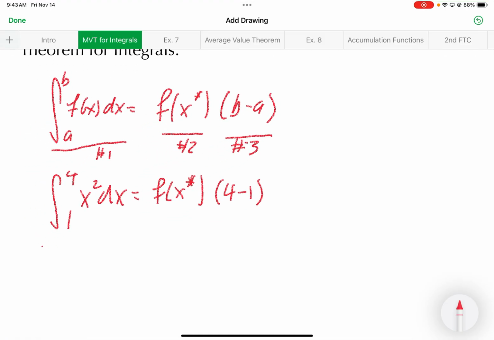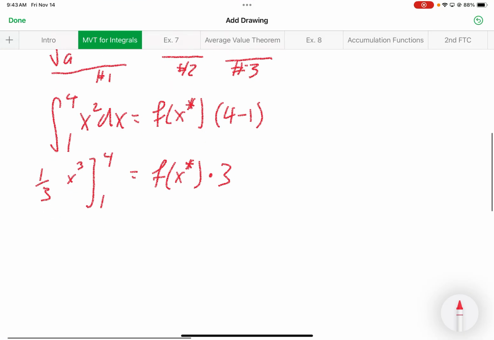If I integrate the left side, 1/3 x cubed evaluated from 1 to 4, I'll figure out what that is in a second. On the right, f of x star times 3.